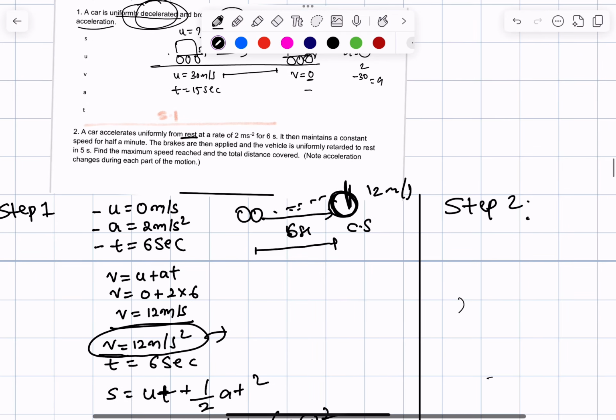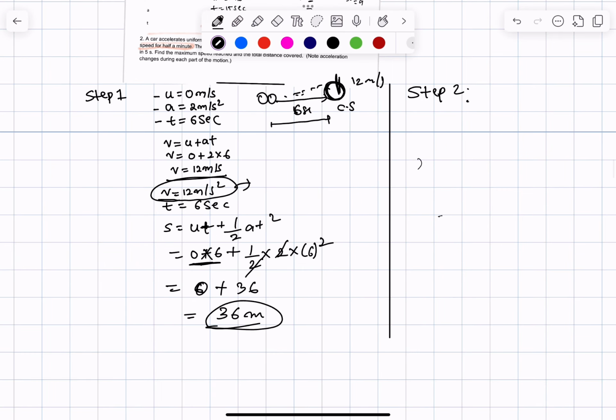In step 2, they have said that it then maintains a constant speed for half a minute. Simple. So we know half a minute is 30 seconds. And we already calculated the velocity, that is 12 meter per second.